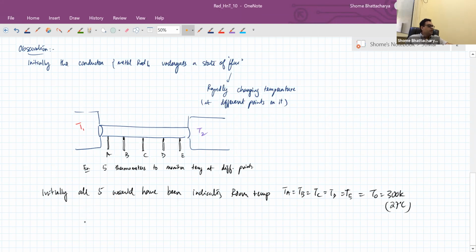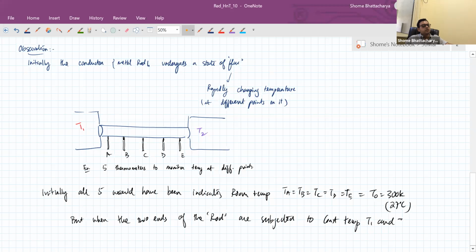Okay. But now what happens? When the two ends of the rod are subjected to constant temperatures T1 and T2.